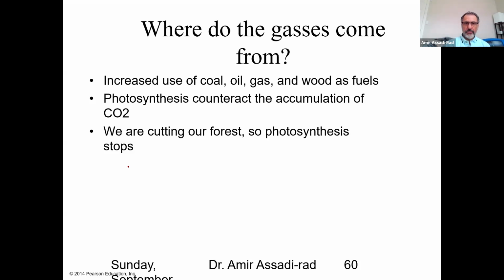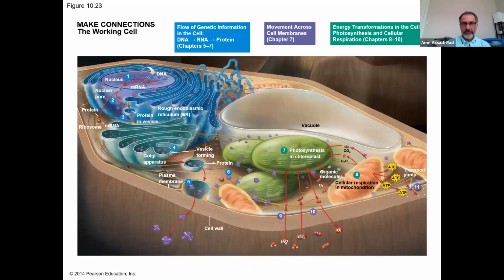So we are left with a lot of carbon dioxide in the atmosphere, and the heat waves come from the sun, but cannot escape the earth. I think that makes connections between them. Please study these things.